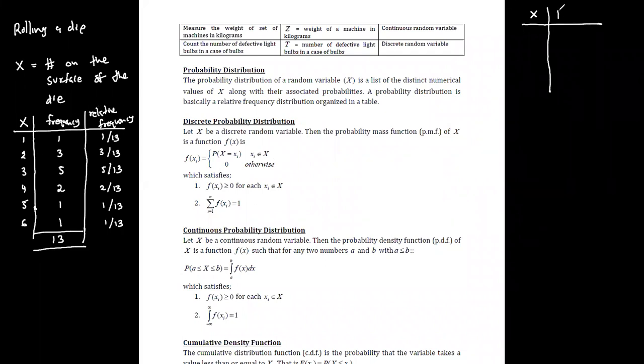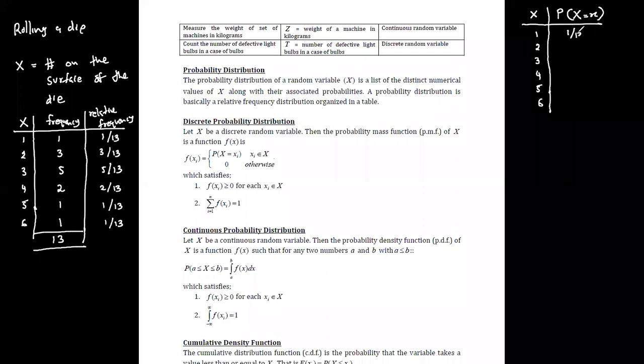We let the relative frequency be the probability of x, with the small letter x denoting the value of the random variable. The values of the random variable are these, and the probabilities of getting these values are 1 over 13, 3 over 13, 5 over 13, 2 over 13, 1 over 13, and again 1 over 13.